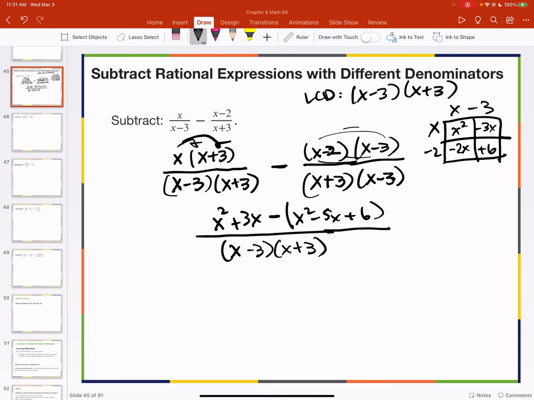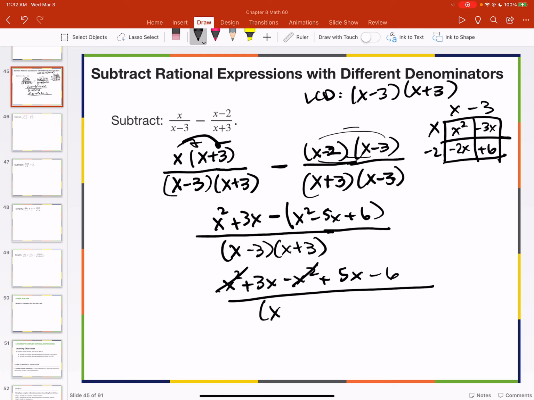So then let's go through and combine: x squared plus 3x minus x squared plus 5x minus 6. So what does that do? That cancels these out. We get x minus 3, x plus 3. So then final answer, 3x plus 5x is 8x today.